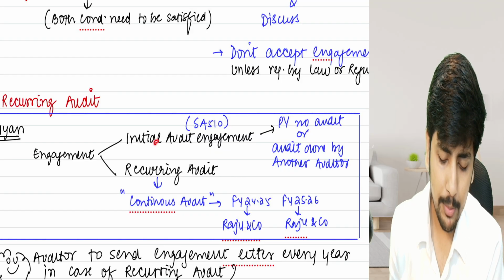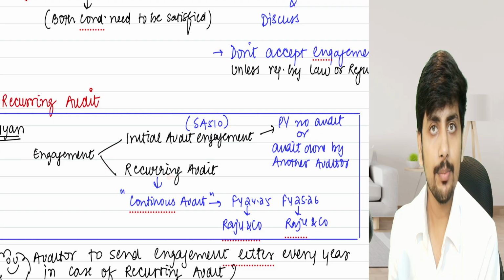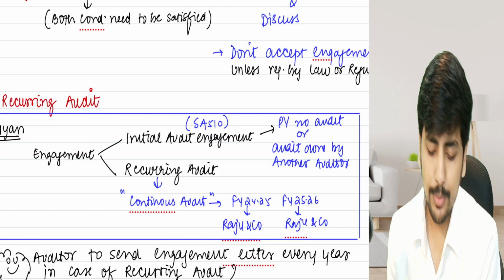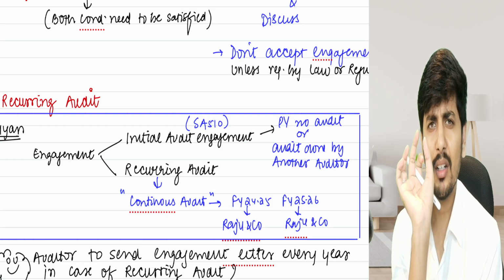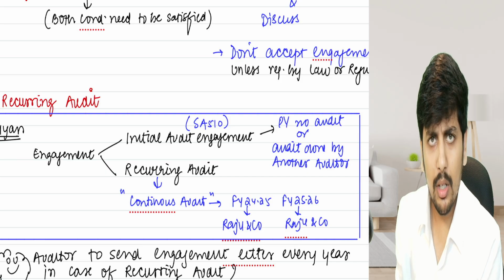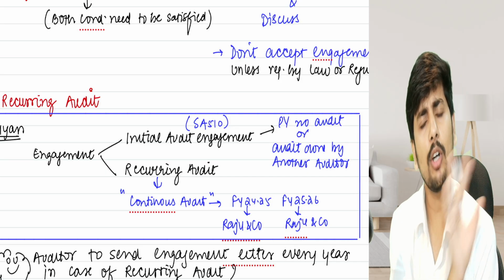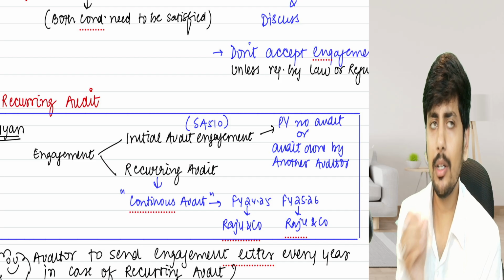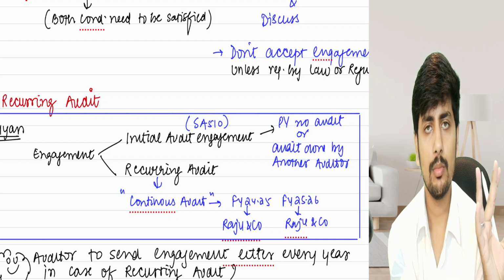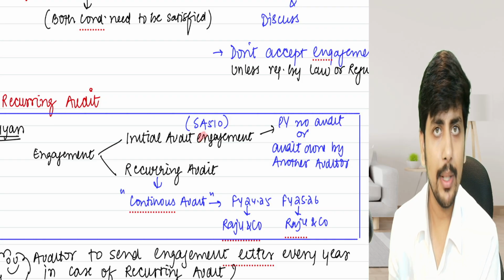Engagements are of 2 types: initial audit engagement and recurring audit. Initial audit engagement is discussed in SA 510, where you can simply remember for right now that the auditor has not done the previous year audit. For example, Raju is appointed current year auditor. He has not done the previous year audit. That is your initial audit engagement.